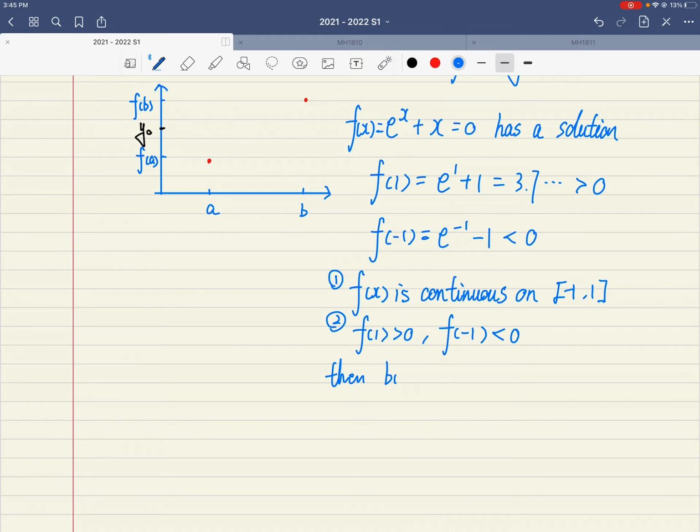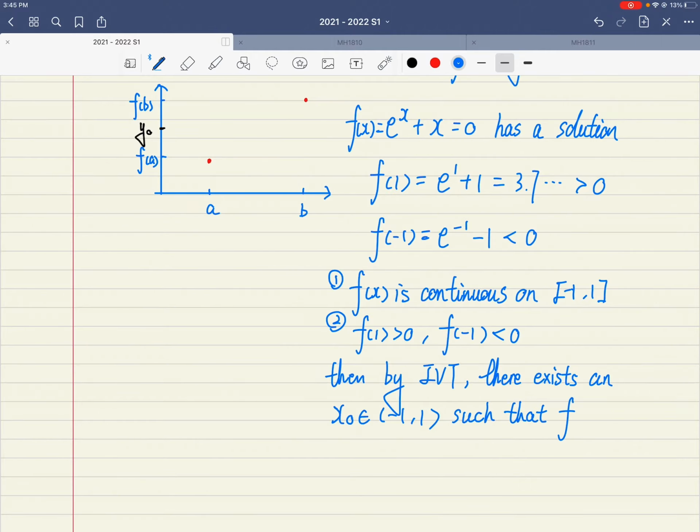Then by the intermediate value theorem, there exists an x0 in the open interval (-1, 1) such that f(x0) is 0.